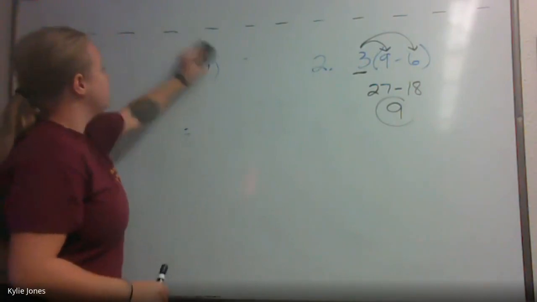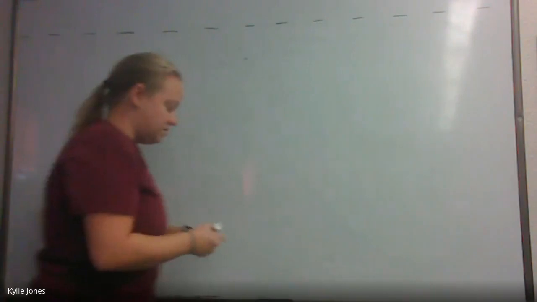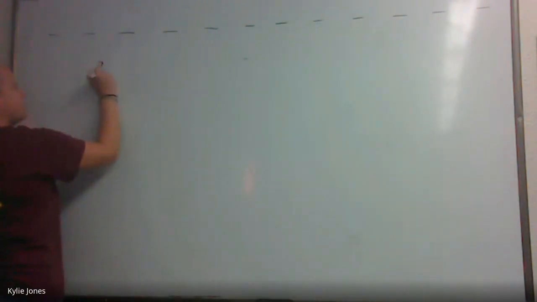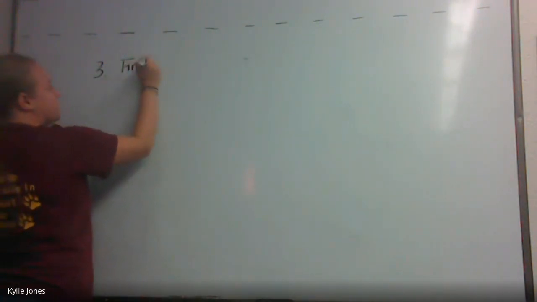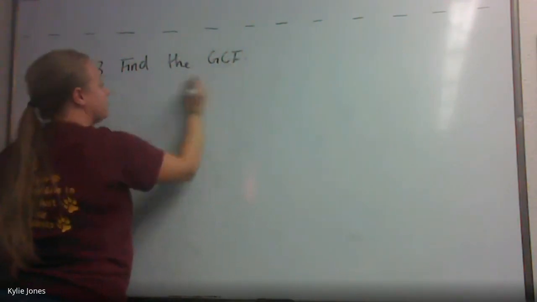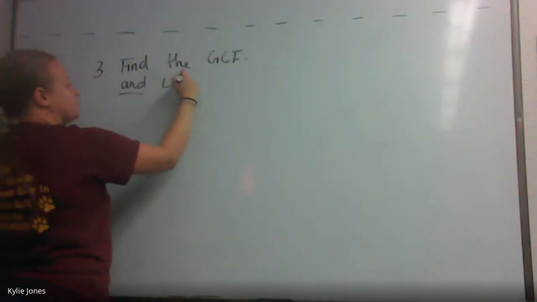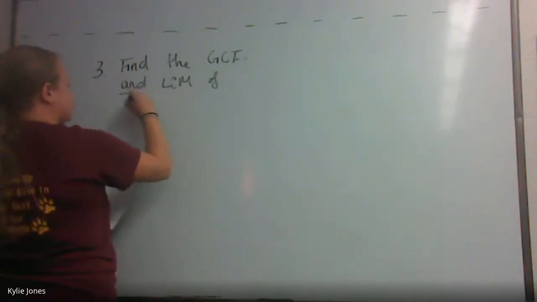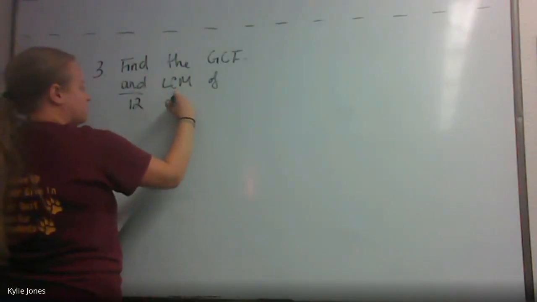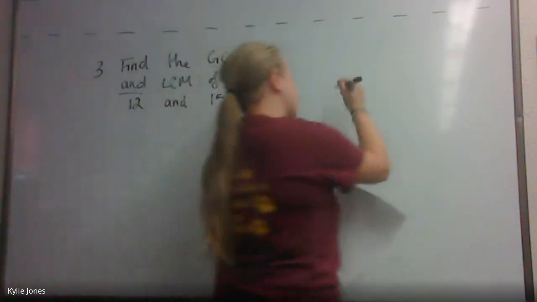Let's do two more. I'm going to give you about 4 or 5 minutes to work on these two. Okay, so number 3. You're going to find the GCF and the LCM of what numbers? Let's see. 12 and 15. Go ahead and start working on that one while I write the next one.